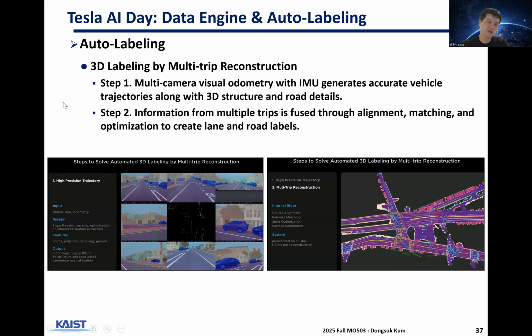So basically it's a SLAM technique to find both the ego trajectory as well as the surrounding information, mapping the surroundings.